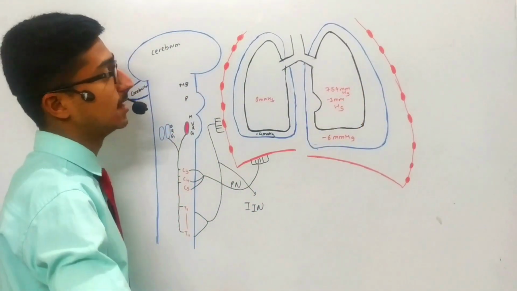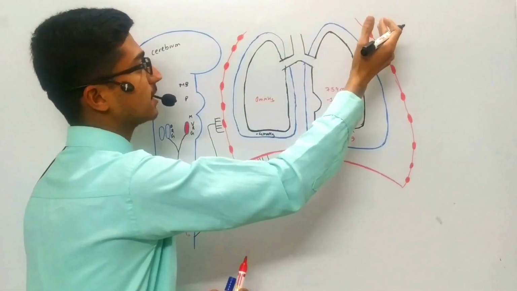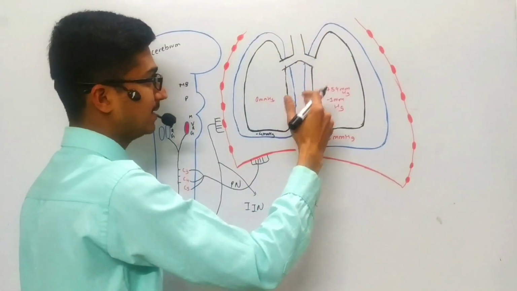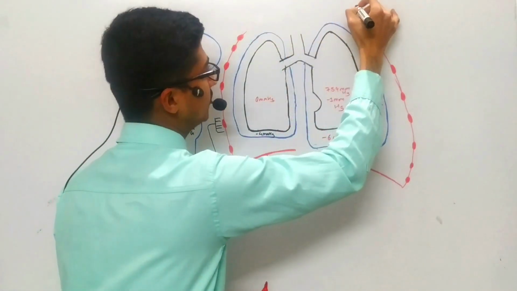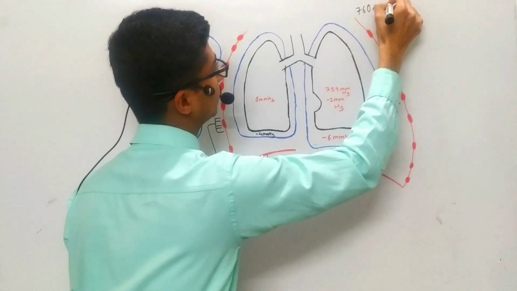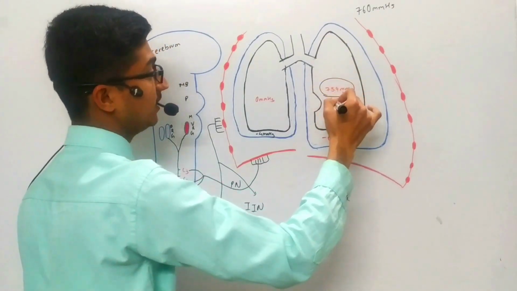Now what happens? According to the rule of diffusion, the air which is higher in concentration moves to where it is low. As we all know, in the atmosphere the pressure is 760 mm of mercury, whereas inside the pressure is about 759.